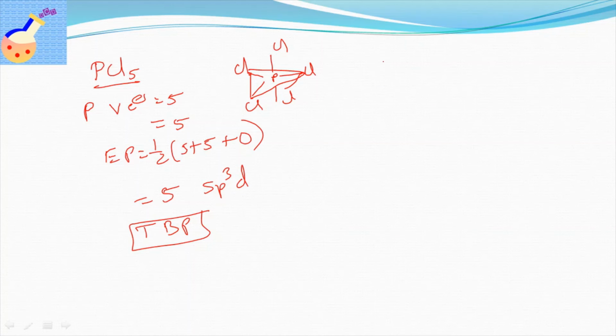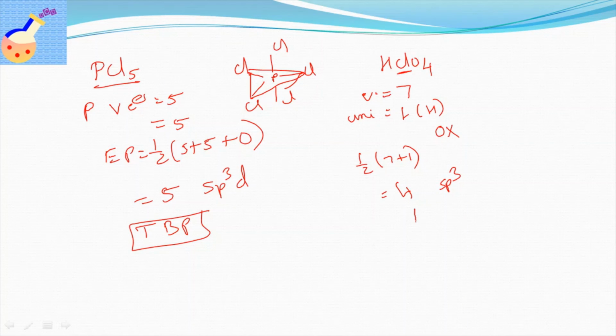Next example, that is HClO4. What is the central atom? Chlorine. So number of valence electrons is 7. Number of univalent atoms is 1. Only hydrogen is there. You should not include oxygen, as I told you earlier. Is there any charge? No. So half of 7 plus 1 is equal to 4. sp3 hybridization, so as usual, the shape will be tetrahedral.